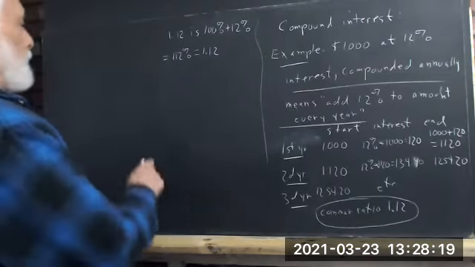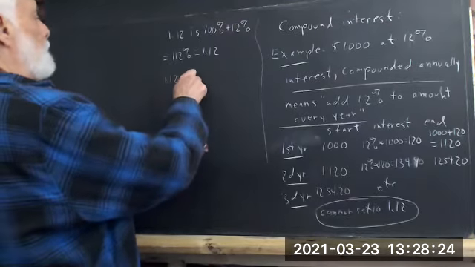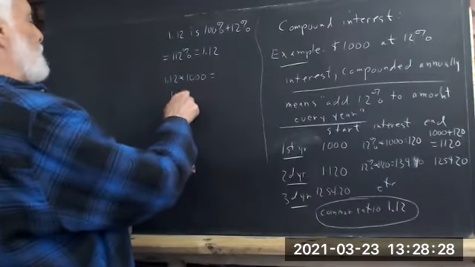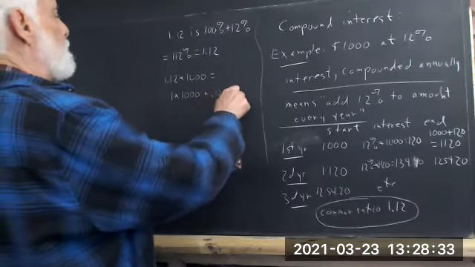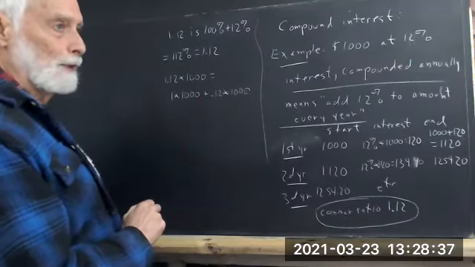Okay. 1.12 times 1,000 is 1 times 1,000 plus 0.12 times 1,000.